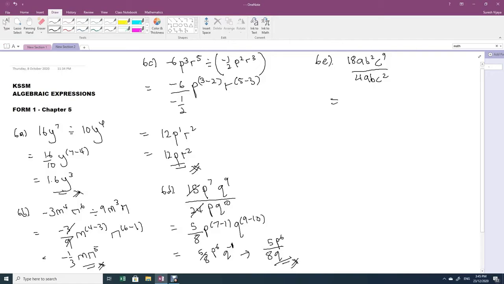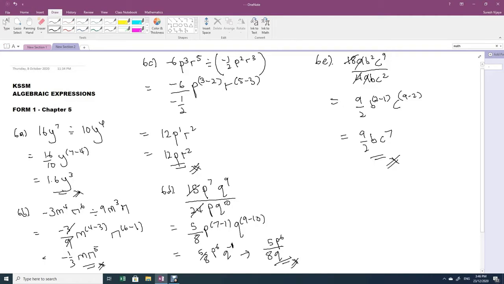How do we simplify this? 18 divided by 4 will be 9 over 2. The a is similar, so we can cut off a. We have b to the power of 2 minus 1, and we have c to the power of 9 minus 2. So we have 9 over 2, b and c to the power of 7. This is the answer for 6e.